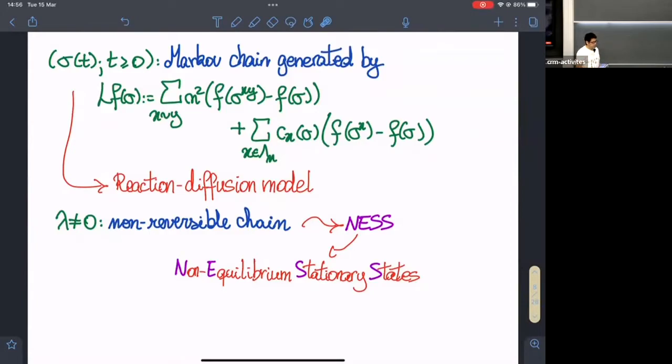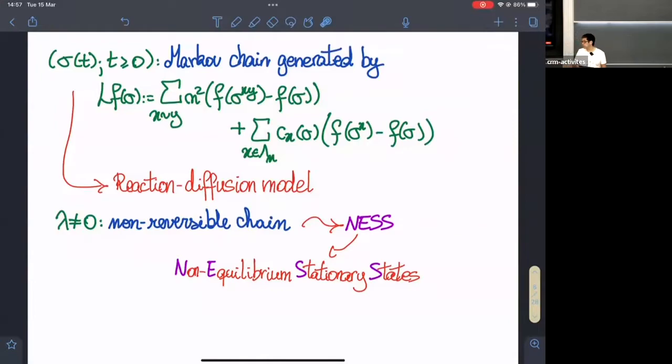Okay, so this is a reaction-diffusion model. Something that you can check is that this chain is non-reversible. There is no explicit formula, at least no known explicit formula, for the invariant measures of this reaction-diffusion model, and probably because there is none.